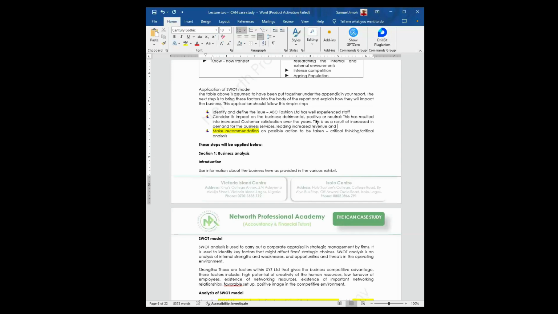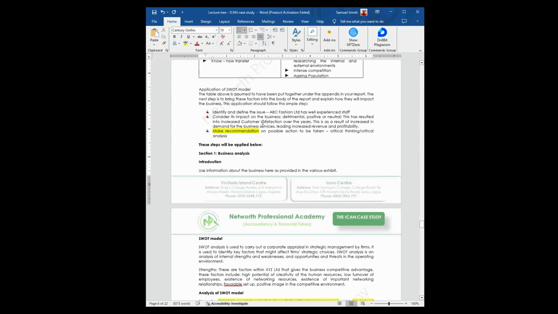Revenue and profitability. So the experienced staff has resulted into increased customer satisfaction. It resulted in increase in demand for business services, which has resulted into increase in revenue and profitability. So then you make a recommendation immediately.